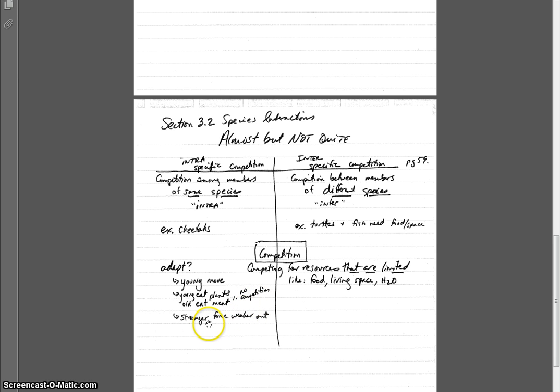Or the stronger can force the weaker out, like the cheetahs, where you see fighting among deer in order to have the territory that they need to protect. So you'll look at the same thing for, do you have any more details that you need to put in that are going to help you understand the differences between these two big ideas?